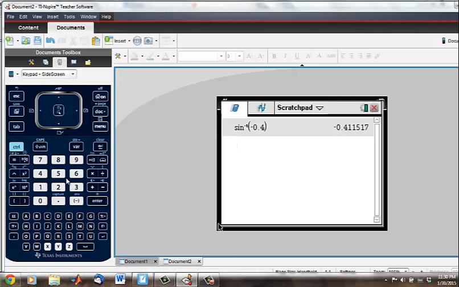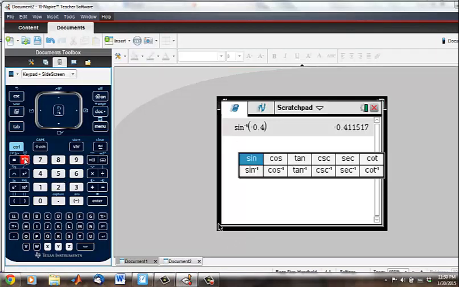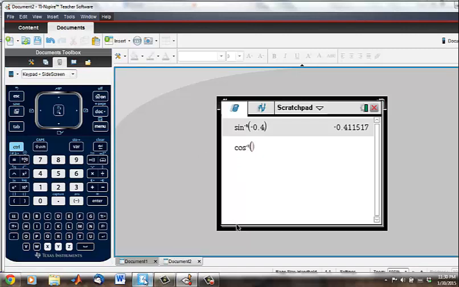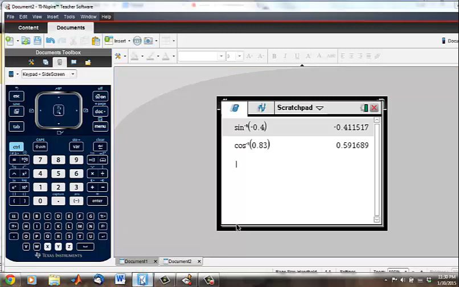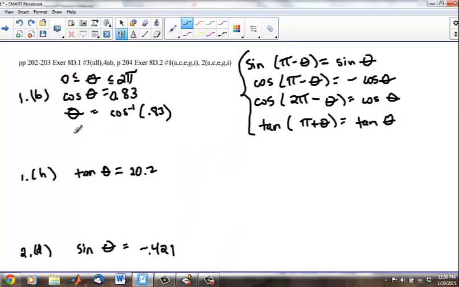So this is a TI Inspire, and it was 0.83. Enter, and we get 0.592. So let's write that down. So theta equals 0.592.